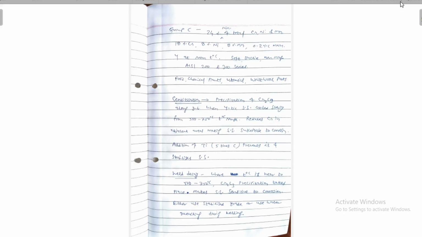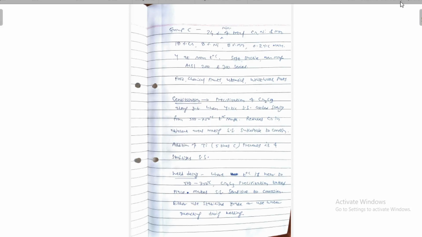So again, you can avoid this problem during welding by providing water cooling in the region wherever the temperature will be between 500 to 750, or you may directly use the stabilized grade of stainless steel. So why is it known as weld decay?